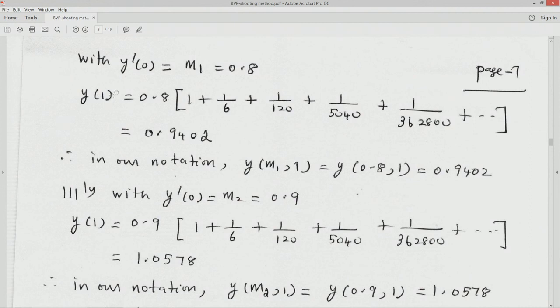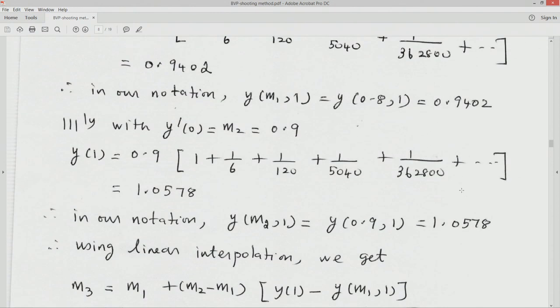So, we find using the expression above what is y at 1, that is 0.8 multiplied by these terms, and when you calculate it turns out to be this. In our notations, what we have computed is y of m1, 1, and that turns out to be 0.9402.